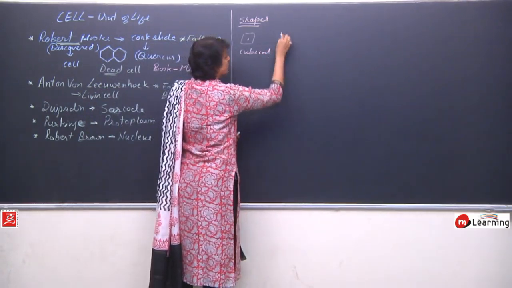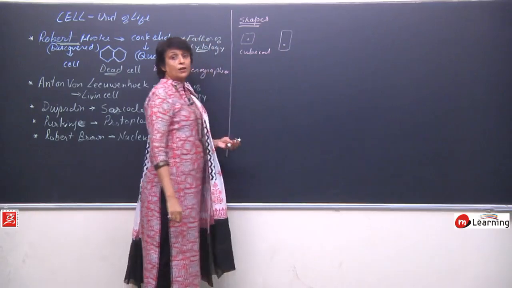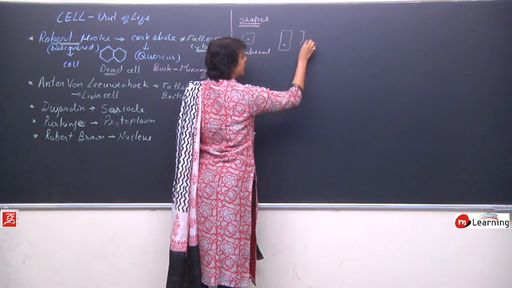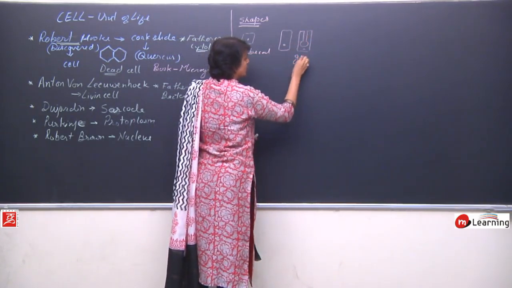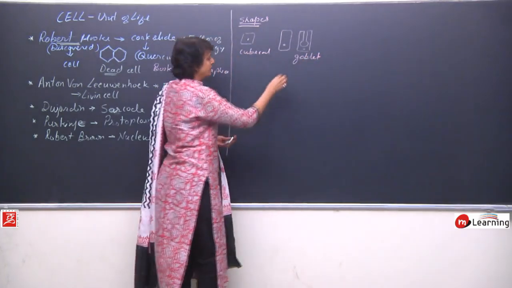Another shape is long column-like, which we see in columnar epithelium. A slight modification of this is the goblet cell. So this is again a tall columnar cell, the goblet cell.